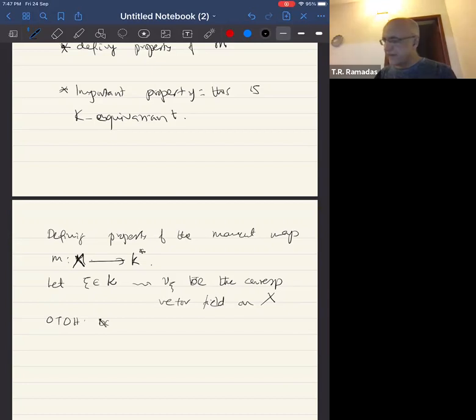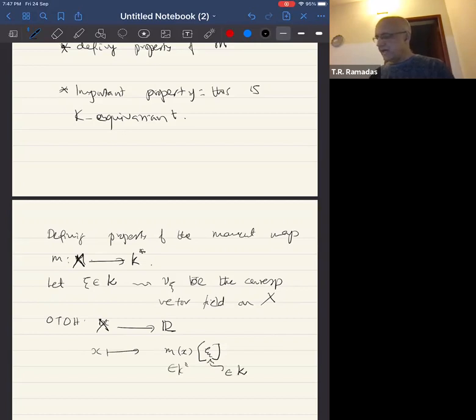Consider this map from X to R, x maps to M_x evaluated on psi.